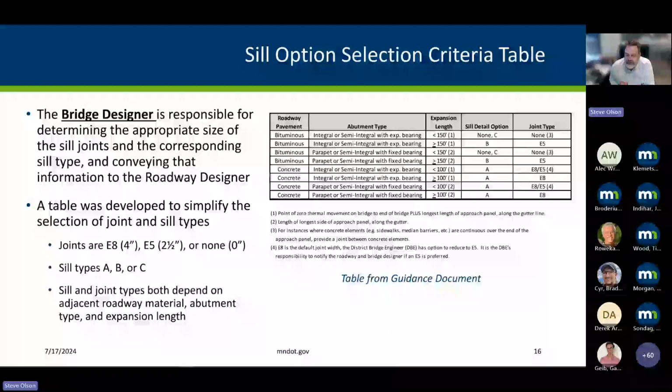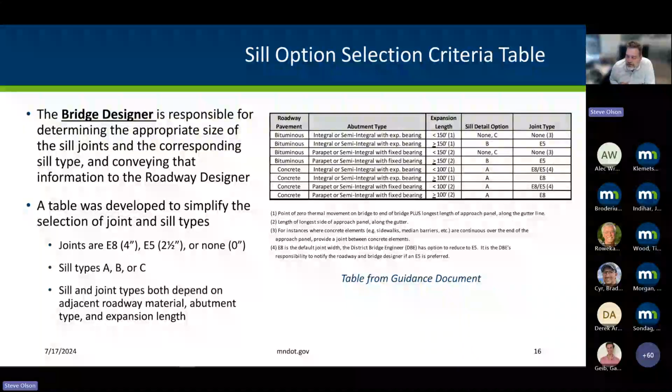And so here's a table that the bridge designer will provide to the roadway. The information in here will be used by the bridge designer to provide geometric information for the roadway guys for the layout sheet. This is intended to show you what's behind the curtain, if you will, for the different sill types.